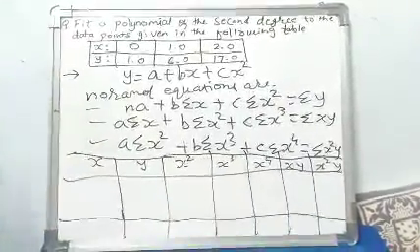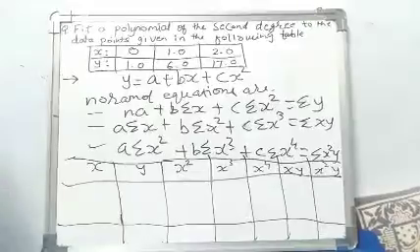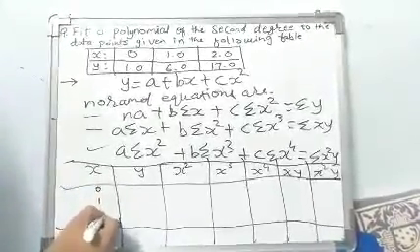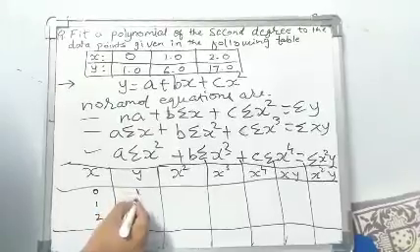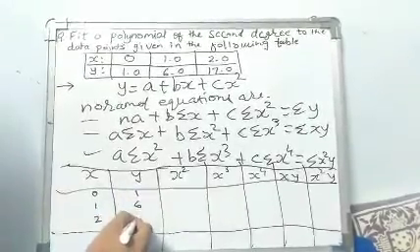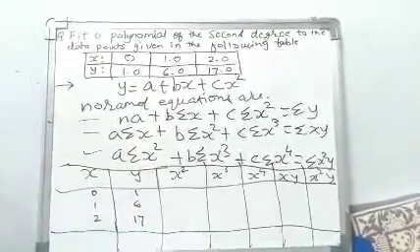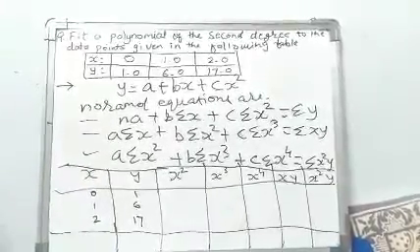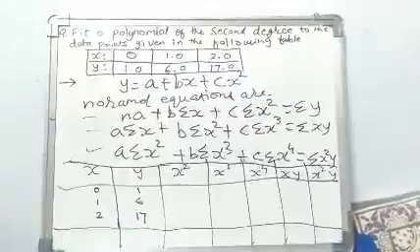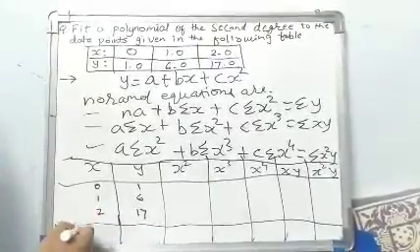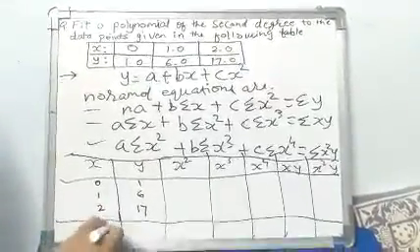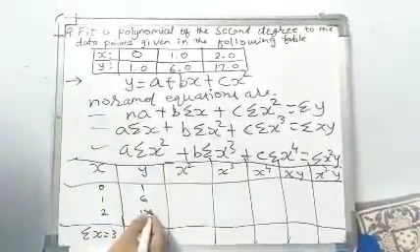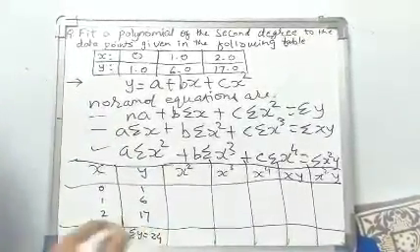The values of x and y are given. The values of x are 0, 1 and 2. The values of y are 1, 6 and 17. So the summation of x is 3, summation of y equals 24.